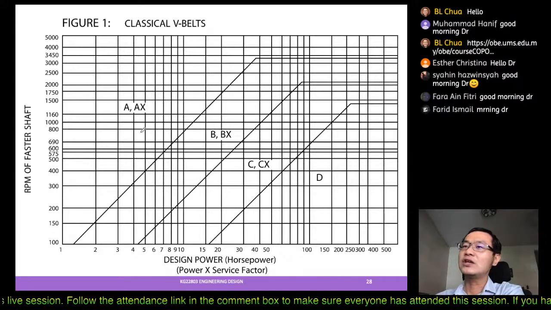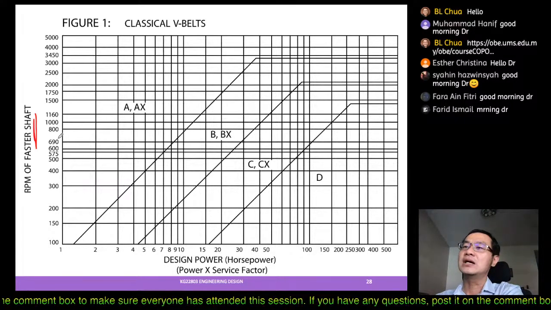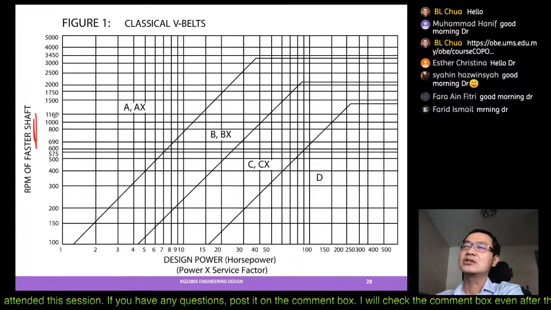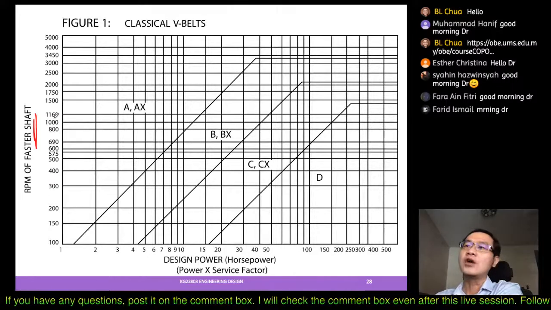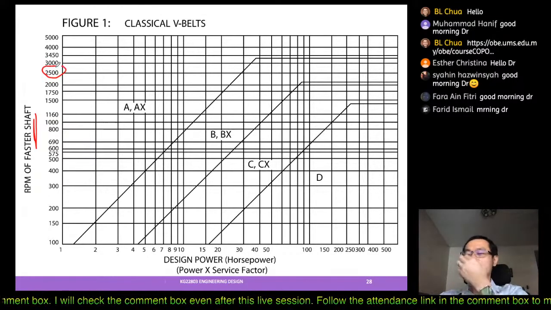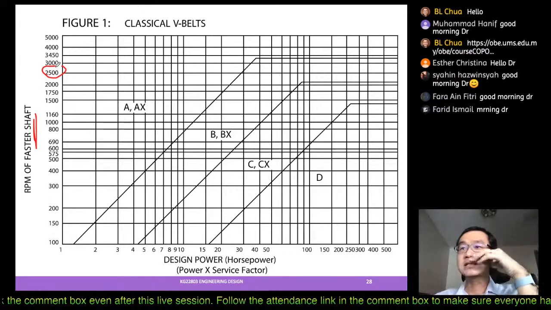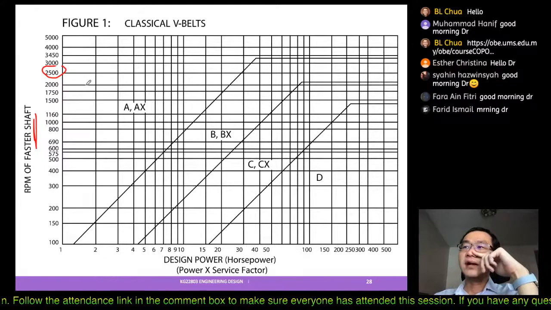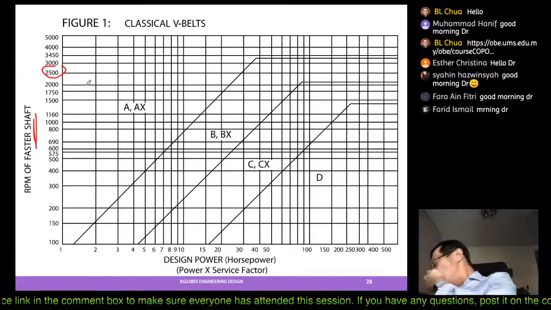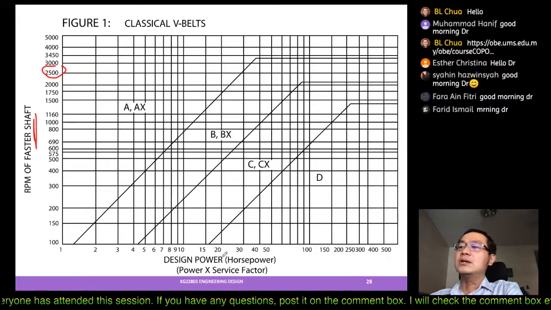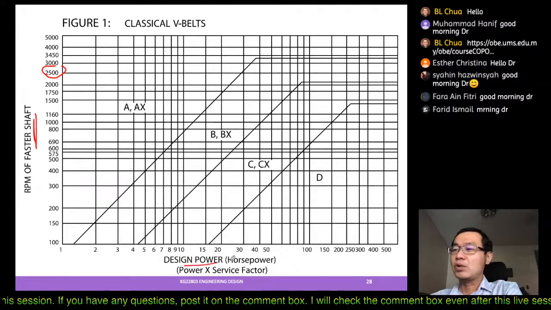So if you know the rotational speed, the highest speed of your shaft, let's say your motor is operating at 2500 rpm, that would be the fastest shaft speed, and you are going to carry, let's say, sorry, 20 horsepower.